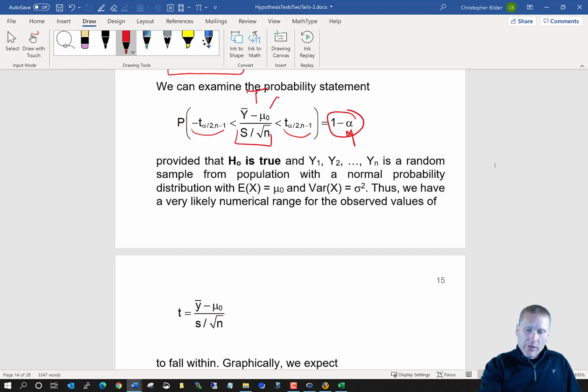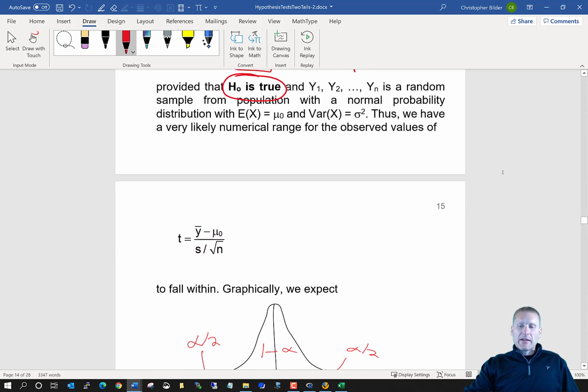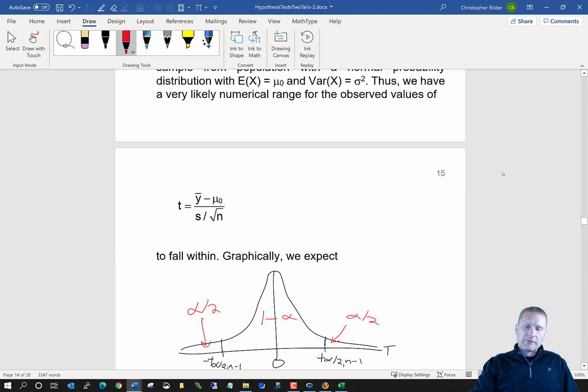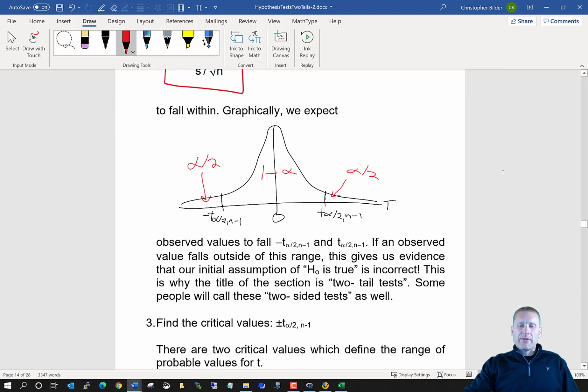But again, this is assuming that H0 is true. So what this means is that if we go out and take a sample and get an observed value of that statistic, we have a general idea where we would expect this statistic to fall, provided H0 is true.